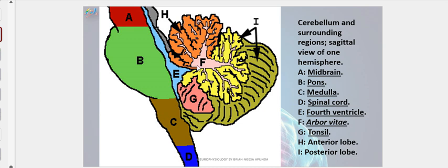Our white matter is represented by this part, labeled F, normally arranged in some form of tree. It has the name arbor vitae.